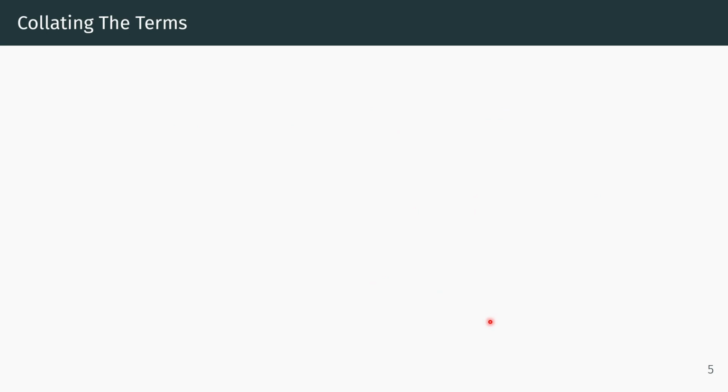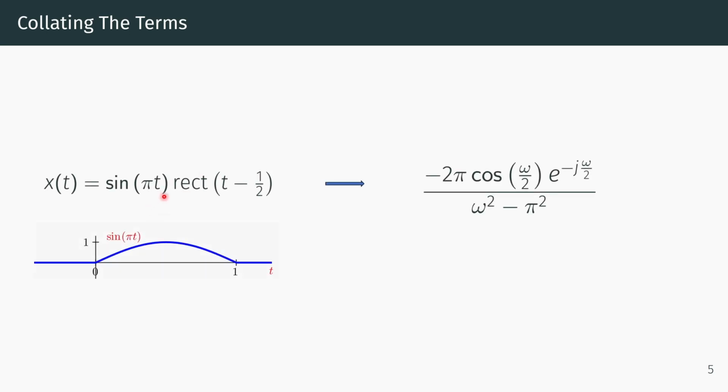So what is the final result we got? For the signal x of t equal to sine pi t times rect of (t minus half), whose plot is given by this, we can easily see that it will have a Fourier transform of minus 2 pi times cos omega by 2 e power minus j omega by 2 divided by omega square minus pi square.